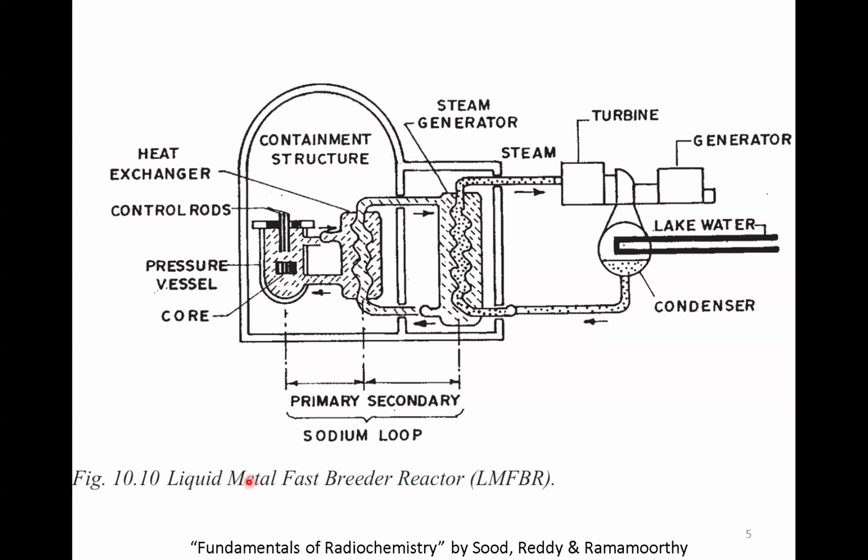And the metal that is used as a coolant is the sodium metal. So sodium metal has a lot of advantages. It has much better thermal conductivity compared to using water, and it can be melted at a lower temperature.